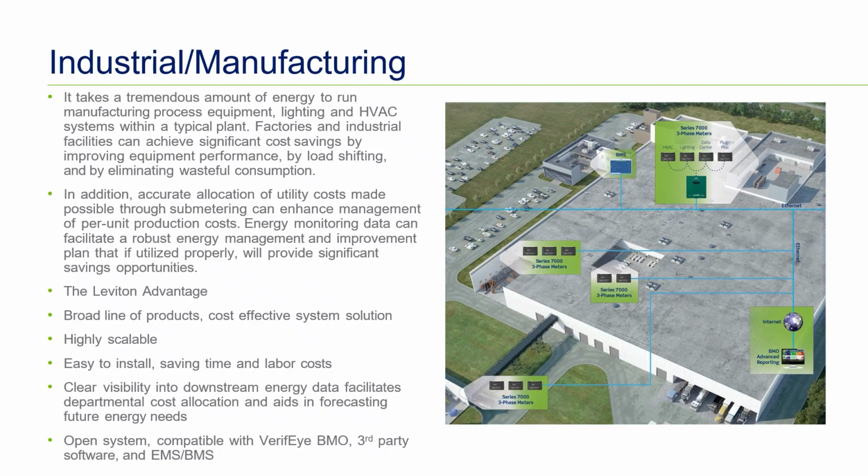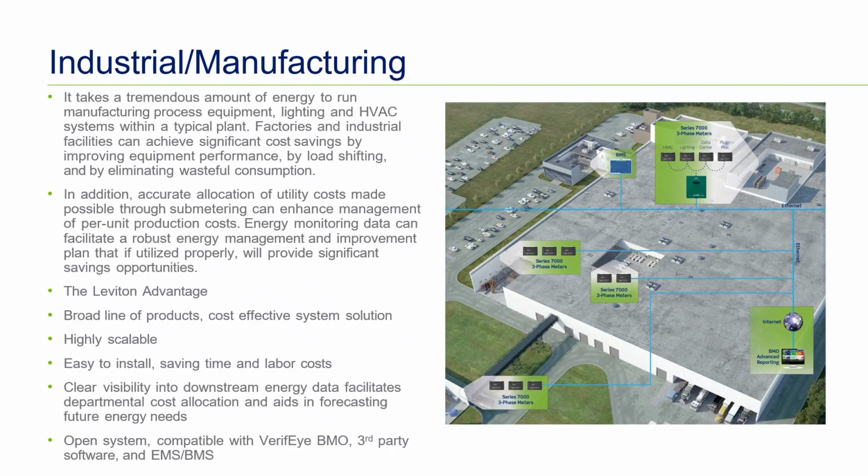In addition, accurate allocation of utility costs made possible through submetering can enhance management of per-unit production costs. Energy monitoring data can facilitate a robust energy management and improvement plan that, if utilized properly, will provide significant savings opportunities. The Leviton solutions offer a number of advantages.